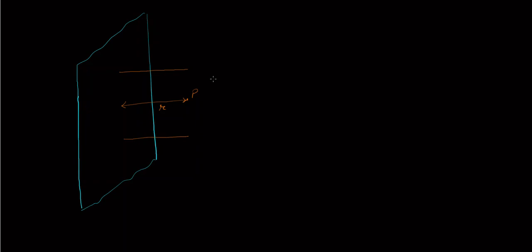Like this, and this is one of the flat portions of the Gaussian surface. This Gaussian surface will go through the plane sheet, and then it will go behind as well.